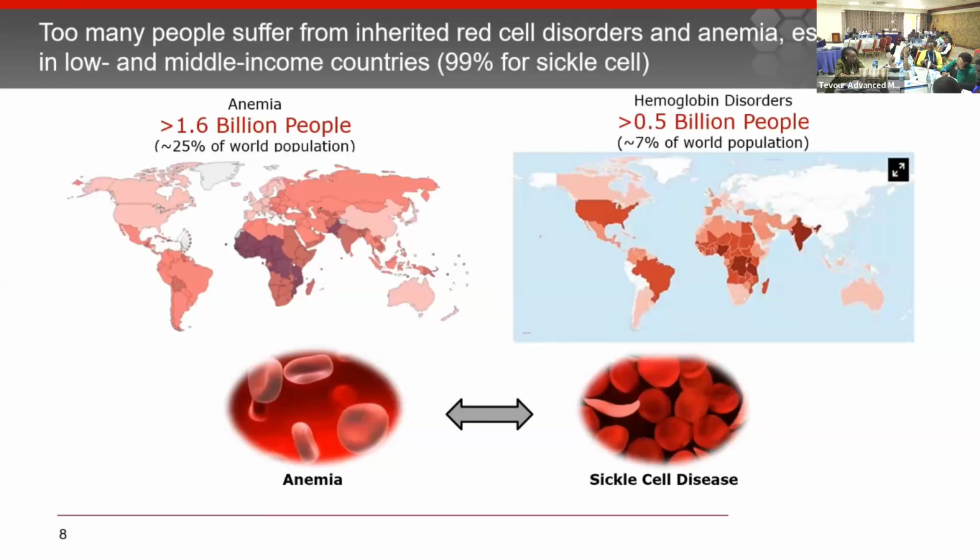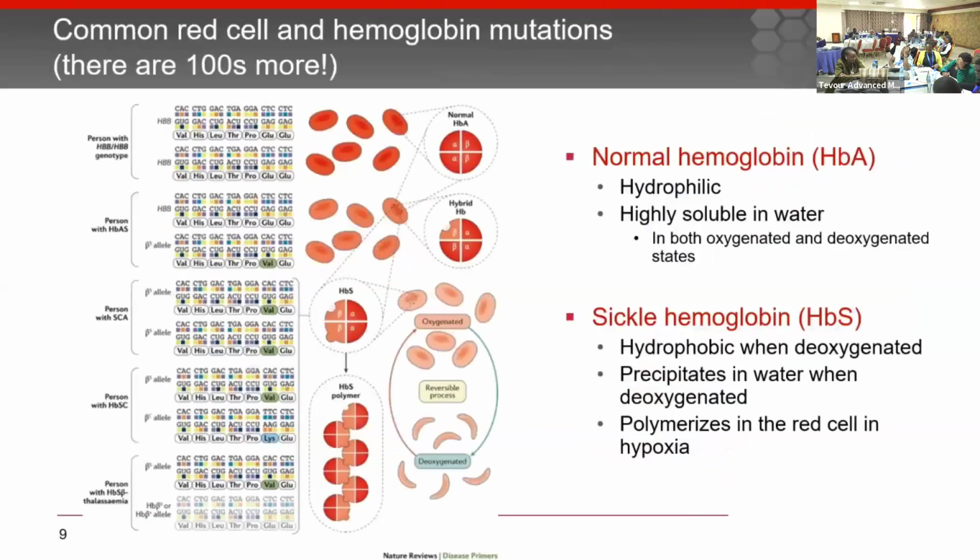Like I said, sickle cell disease is a mutation where we have a change of one amino acid, and this amino acid affects the properties of red blood cells. So in patients with sickle cell disease, unlike healthy patients, the red blood cells change shape.